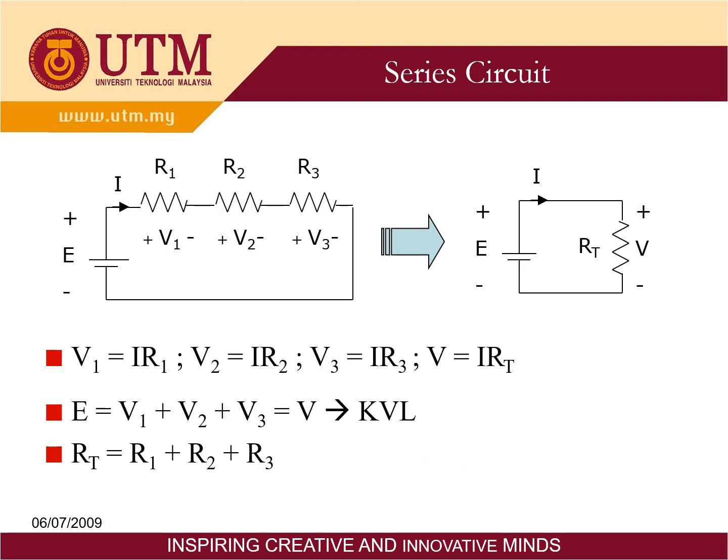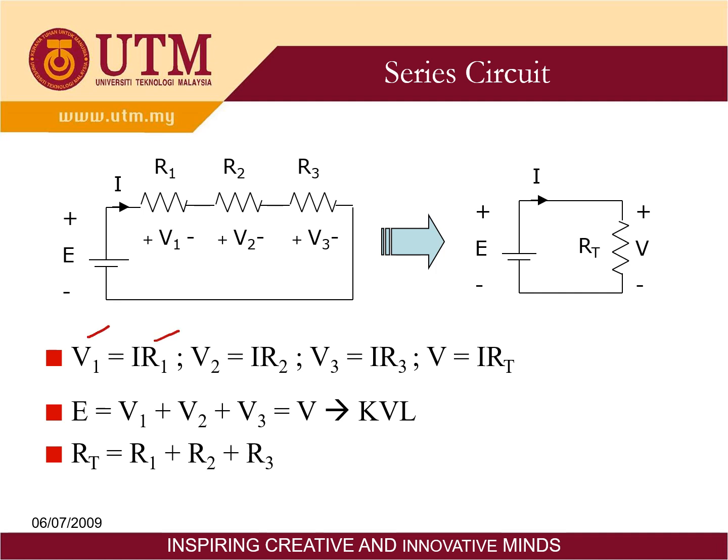Here is an example of how this works. This is the derivation, and I suggest you memorize the derivation. For the derivation, we use Kirchhoff voltage law. As you can see here, V1 equals IR1.